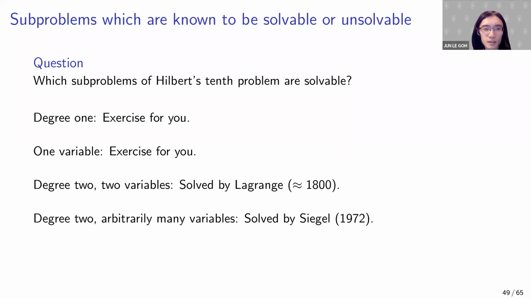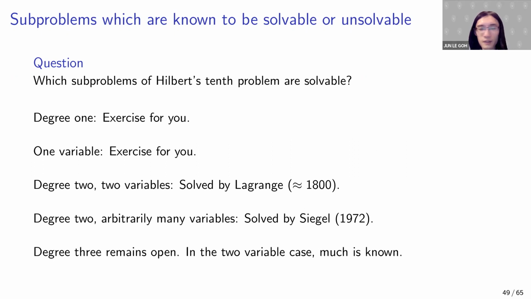And then for degree 2 still, but arbitrarily many variables, this was solved by Siegel, I think, in 1972. Again, you really need some advanced number theory to even make sense of the algorithm here. So that settles it for degree 2, and degree 3 remains open. We don't know whether there is some algorithm that solves Hilbert's 10th problem for equations of degree 3.